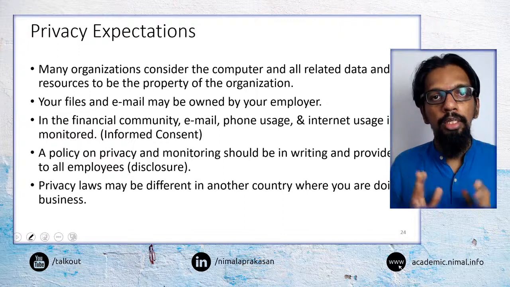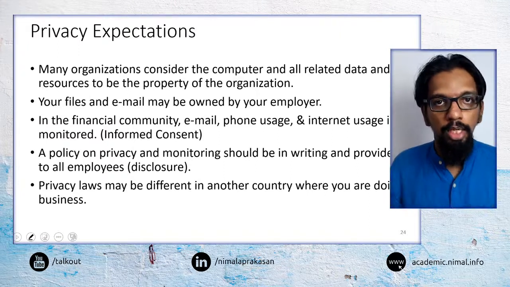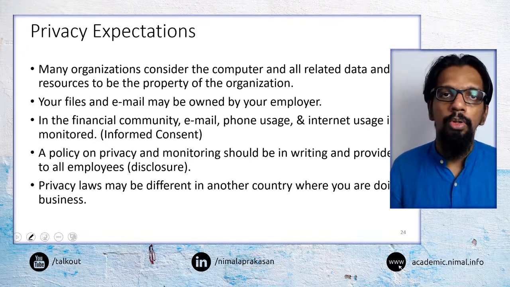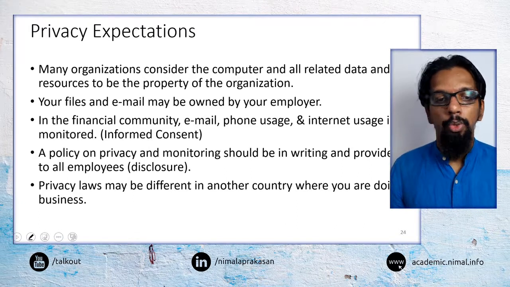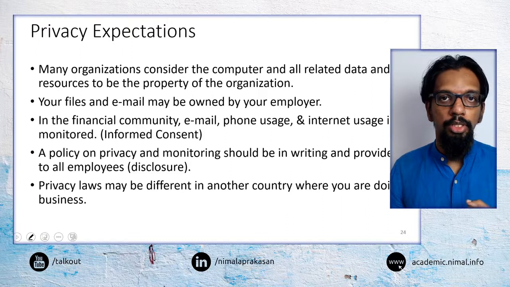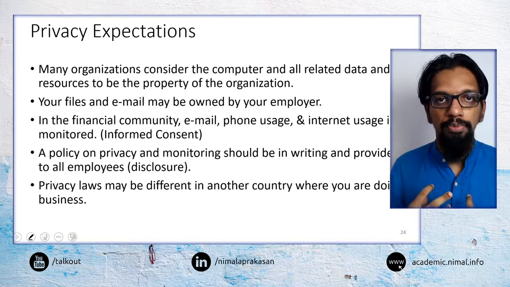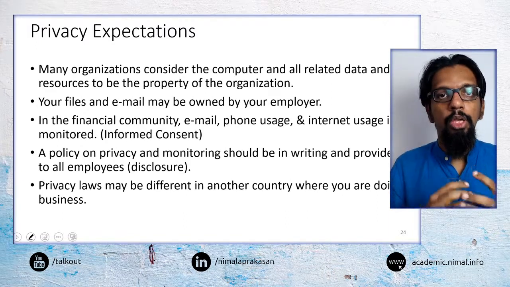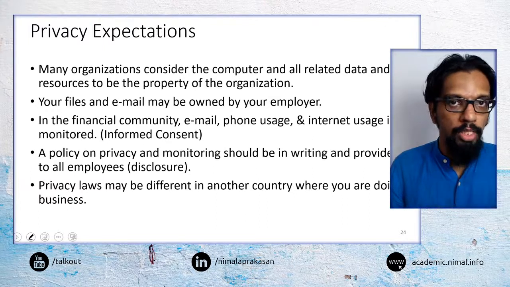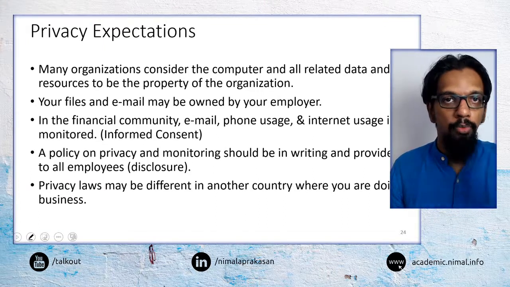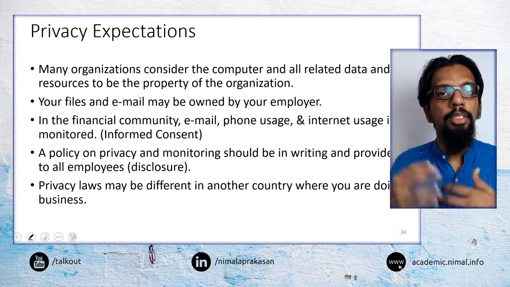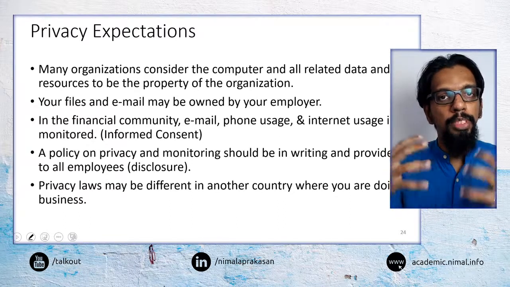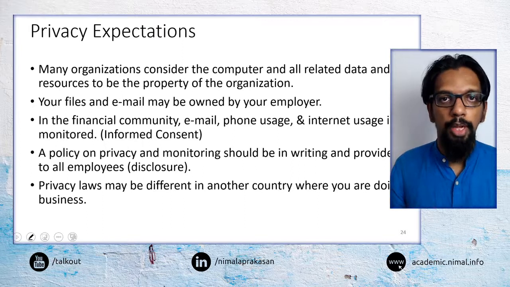Then another concern, thinking from an ethical point of view, would be various privacy expectations. When we say privacy expectation, it is all about private information. So even when you are using an organization's computer resources, maybe an office email, there may be certain expectation that some level of privacy may be expected.